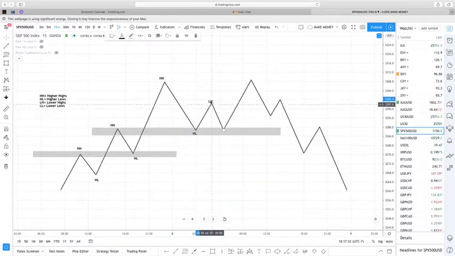So even though price created a lower high, what we're expecting is for price to then create a lower low. But in order for price to create a lower low, we have to go past this zone right here. We know this zone is right here. So as far as going for a sell from this point, it would be an aggressive scalp, okay?